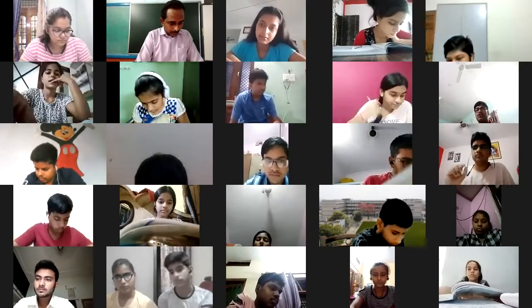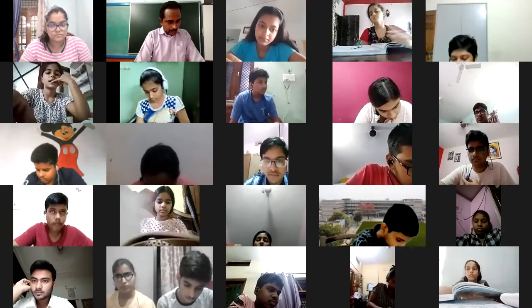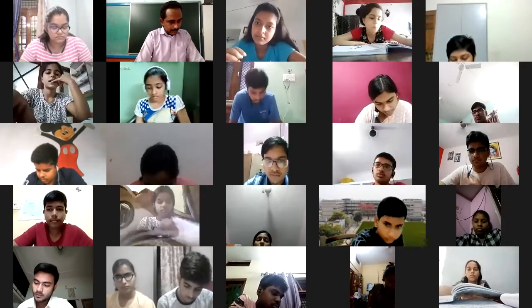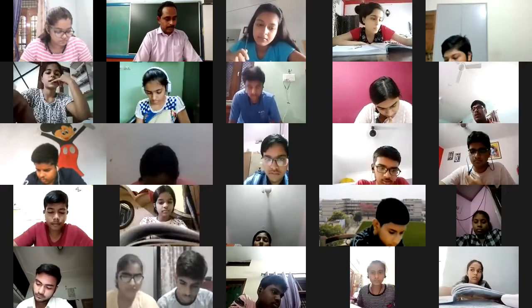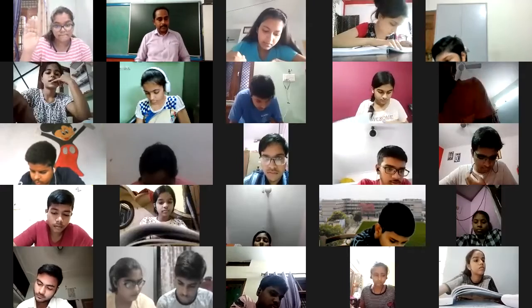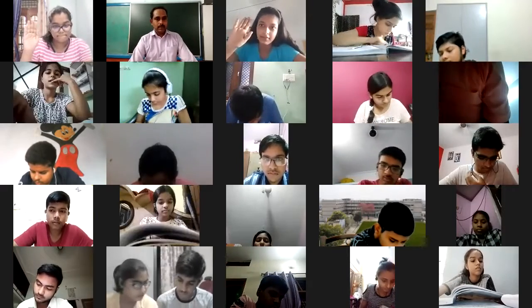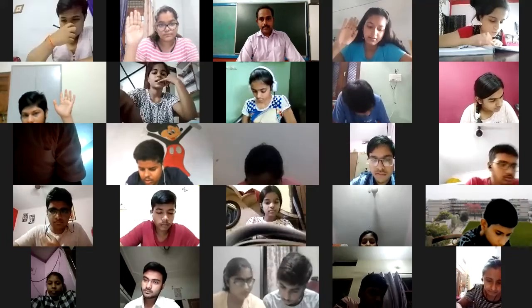Okay, and can you identify any causeway? Another question in the map extract. Can you identify any causeway in the map extract? Yes, Pradishta, Devesh. Others also try.